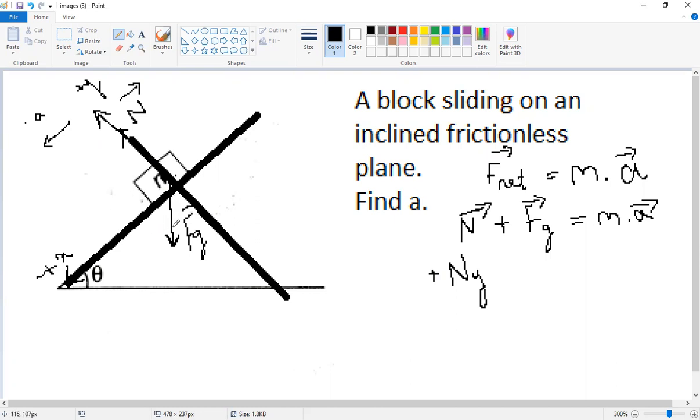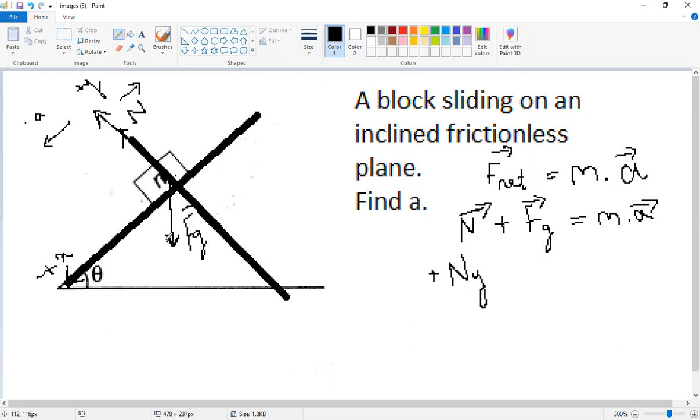Now, Fg, let's take a look at the weight or the gravitational force acting on this block. Notice that it does not have only one component. It's situated in the xy plane, as you can see. So it has two components. Yes, one in the x direction and one in the y. How can we get these two components?